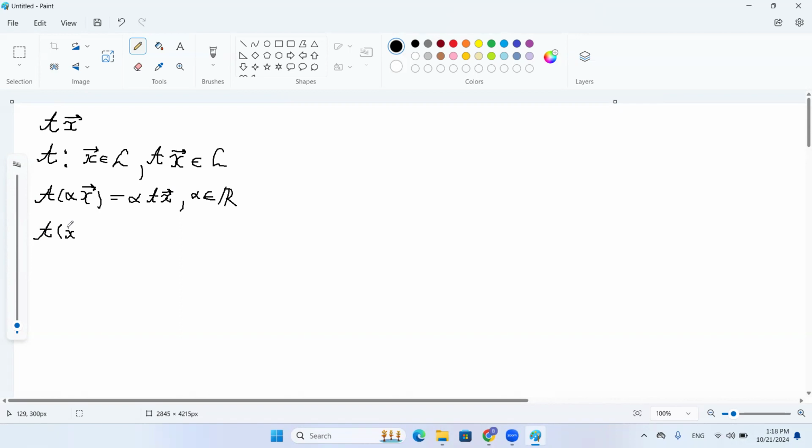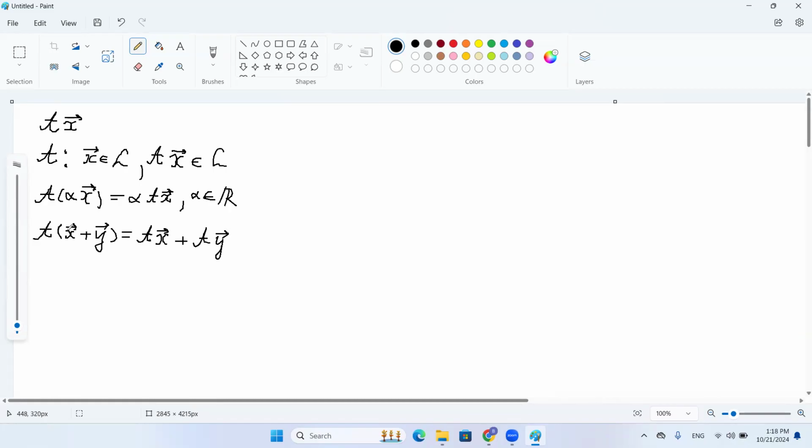If we apply a linear operator to the sum of elements, it will be the same as applying it separately to two or more elements, and their sum will be the result.